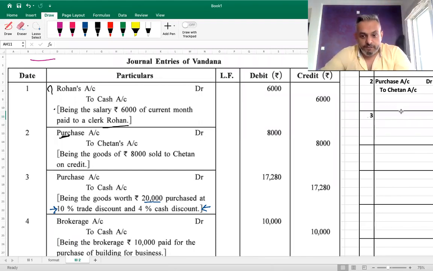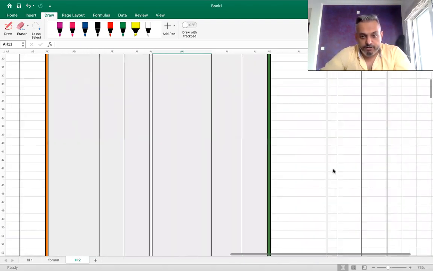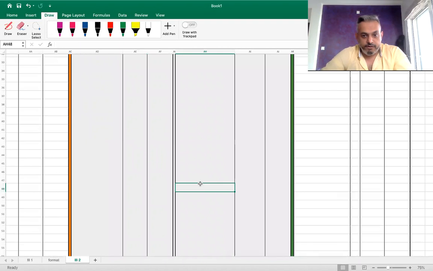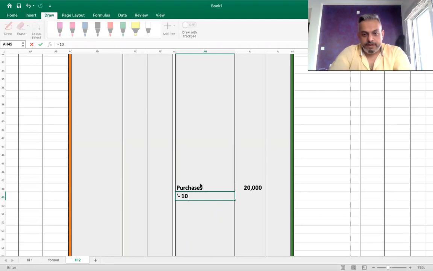So let's do some working for this. Okay, if you are not confident, better do the working. So I'll do it somewhere over here. Purchases 20,000 minus 10% trade discount. So 2000.